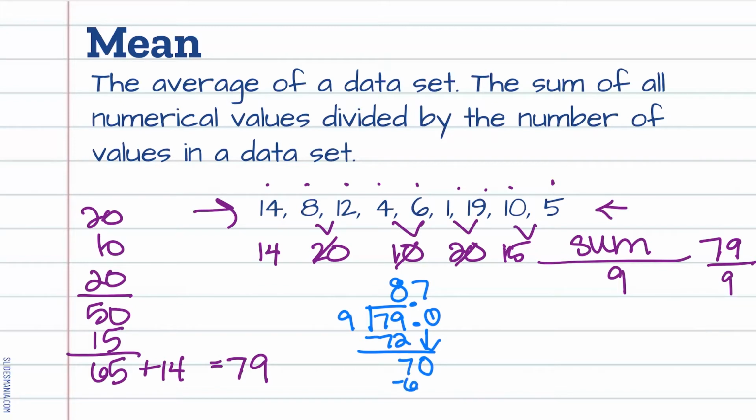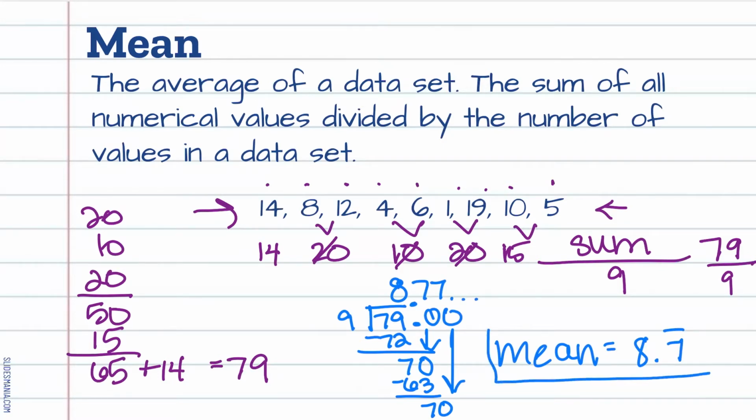So I take away 63, and I'm left with another 7. When I add my 0, I bring it down, and I see that I have another 70. What this means is that I'm going to keep getting 7s as my remainder. So my mean, or my average, will be 8.7 repeating. The bar on top means that that value is repeating.